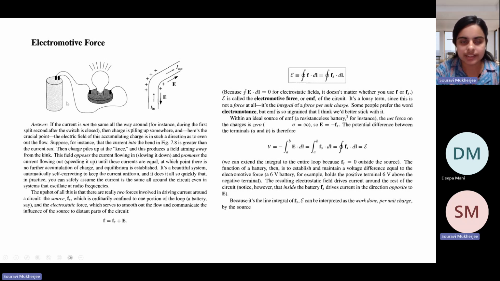And isn't there an accumulation of charge that can happen while the current is flowing? Here there would be more charge, somewhere else less charge. Can't that kind of thing happen?